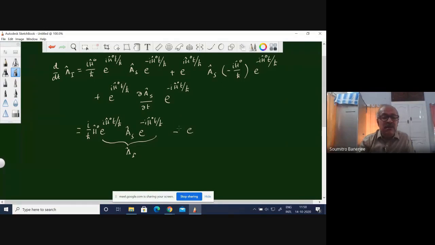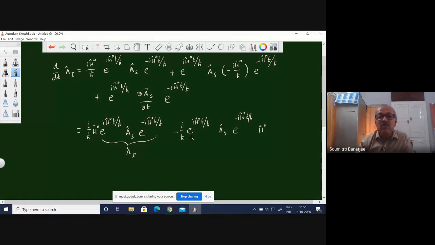Minus i by h cross comes out. Then here it is e to the power i H naught t by h cross, first term done. Then I have the A_S term. I will change the position, so it is e to the power minus i H naught t by h cross. And then I'll put H.